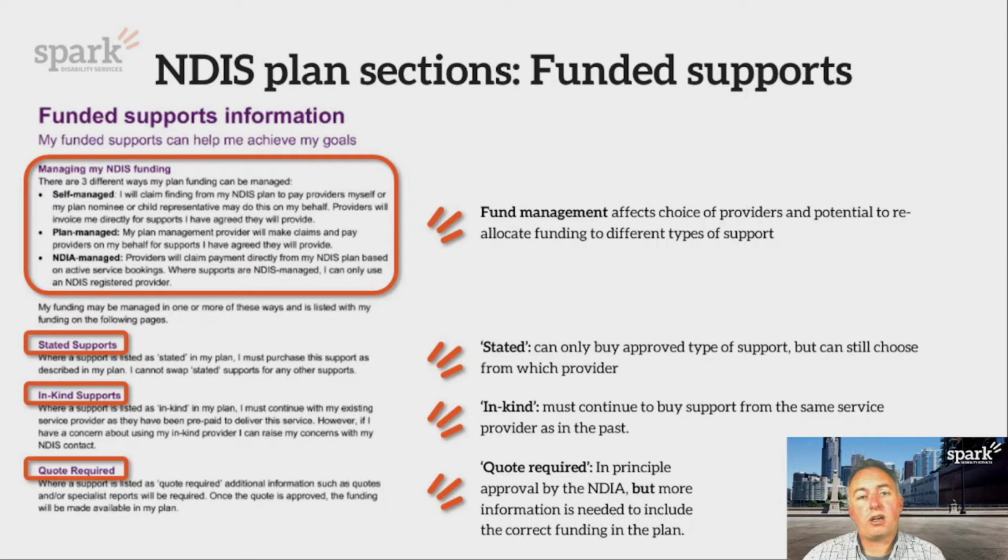So quote required represents an acknowledgement by the NDIA that the person can provide that information during the plan period. And once that information has been received by the NDIA, a planner will look at it and look at including or making the funding available in the person's plan.